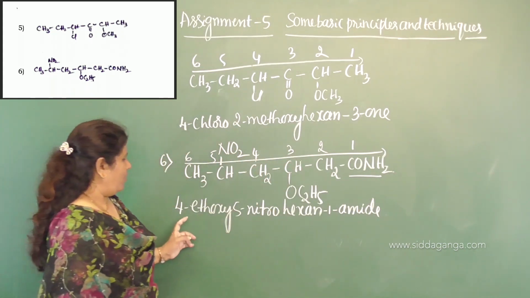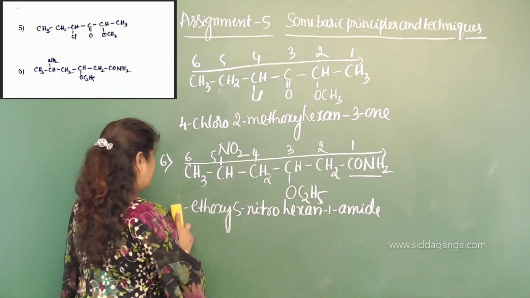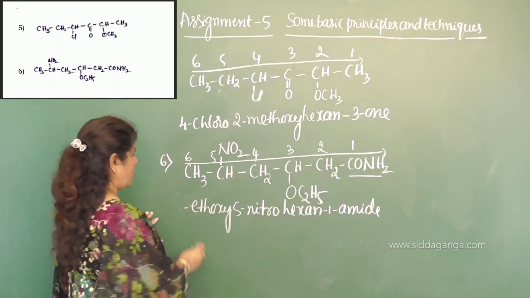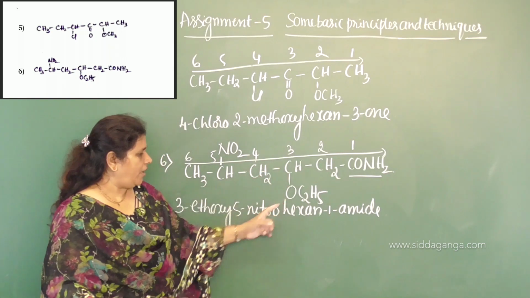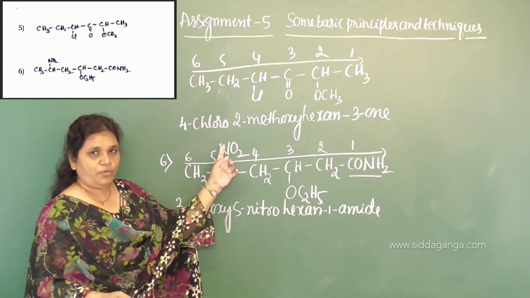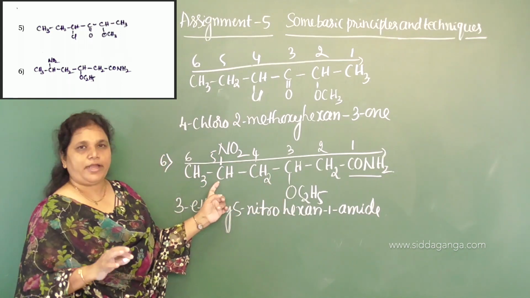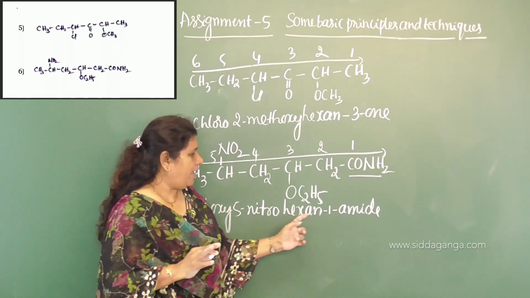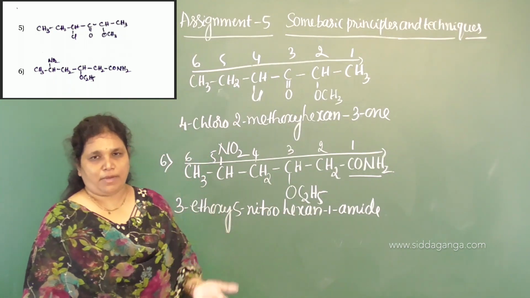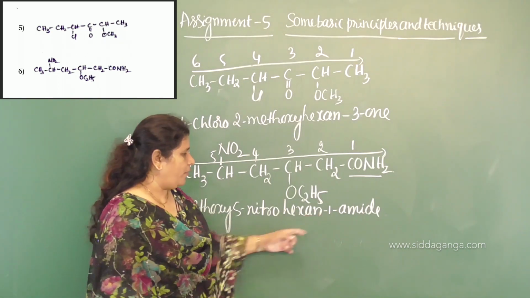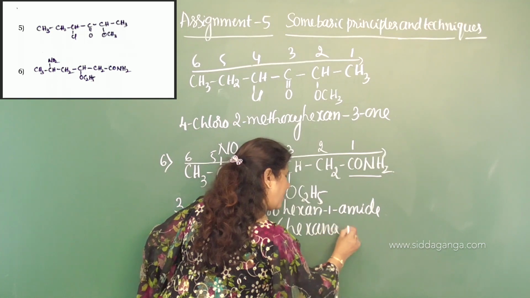What is the name? 3-ethoxy, the position of the ethoxy is 3. 3-ethoxy, correct? 5-nitro, 3-ethoxy, 5-nitro, hexane, root word containing 6 carbon atoms, hexane, 1-amide, or you can write it as hexanamide. You can ignore the locant 1 here and you can write it as hexanamide.